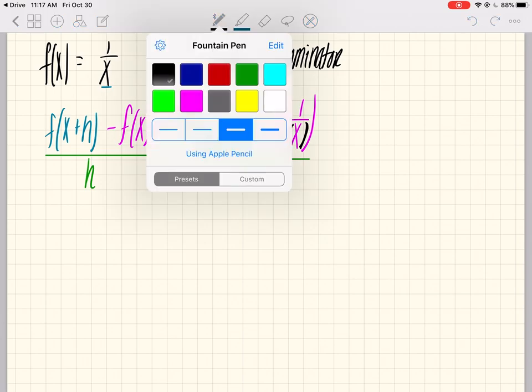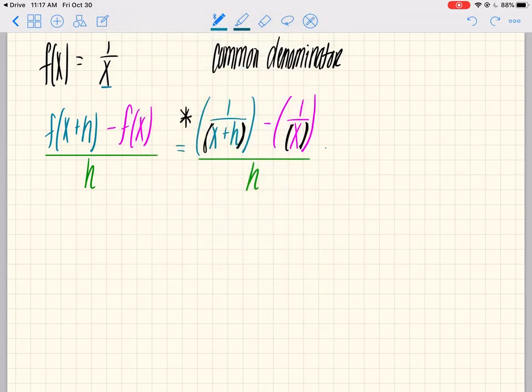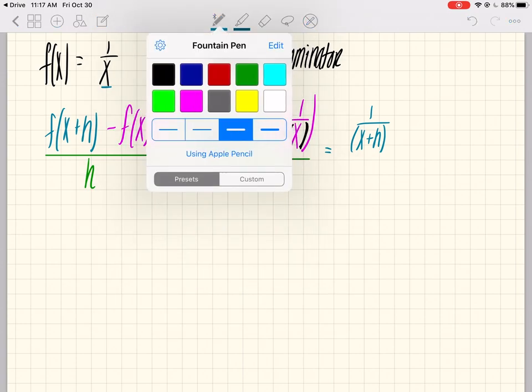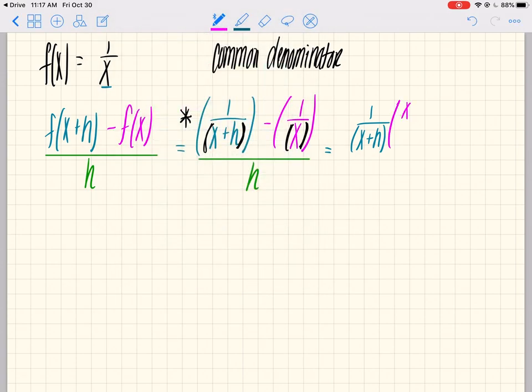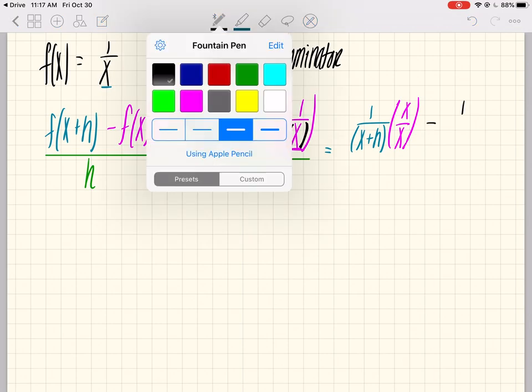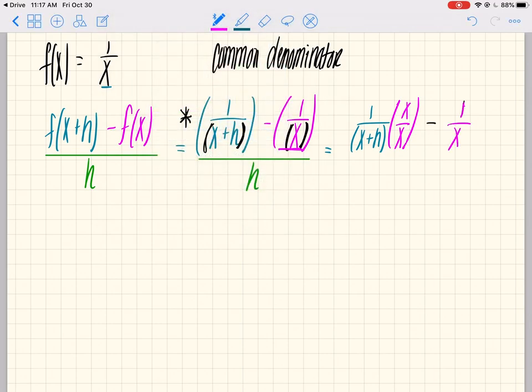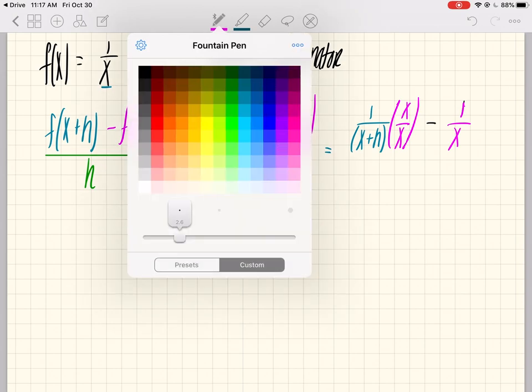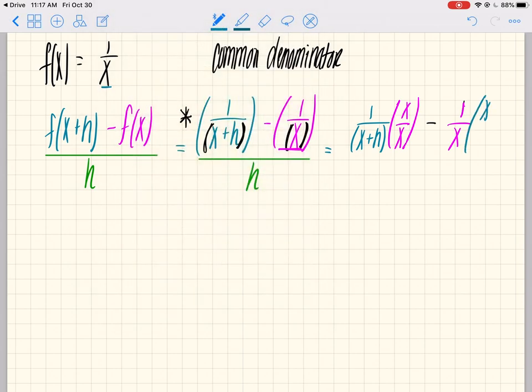So I will rewrite this over here. We're going to have 1 over x plus h, and we're going to multiply that by x over x, okay? So that's the other denominator over here. And then we are going to subtract 1 over x, and we're going to multiply that by our other denominator, x plus h over x plus h, okay?